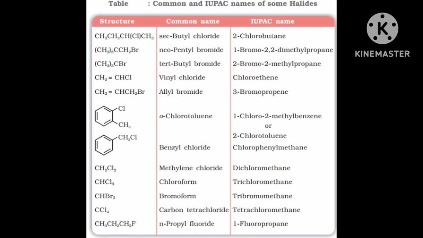Now one more example. With a benzene ring, 3 bromines are attached. 3 Brs are attached, so it will be tribromo, that is clear. But with respect to any one bromine, you have to tell the other positions the same way. Starting from the first, after ortho, it is meta position, and again para is nothing. After that again meta will come.